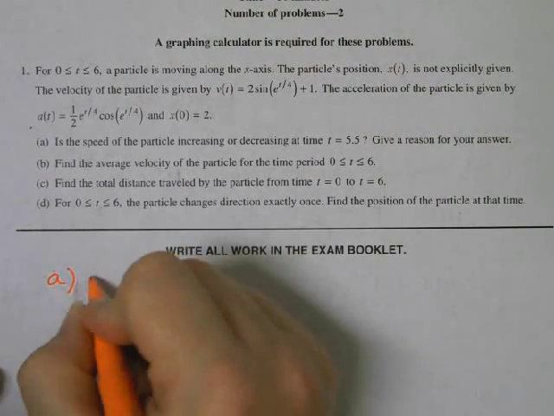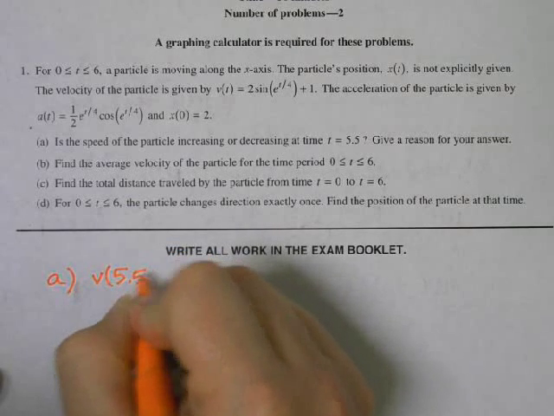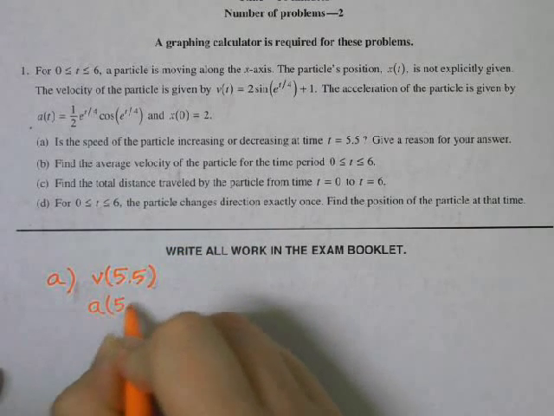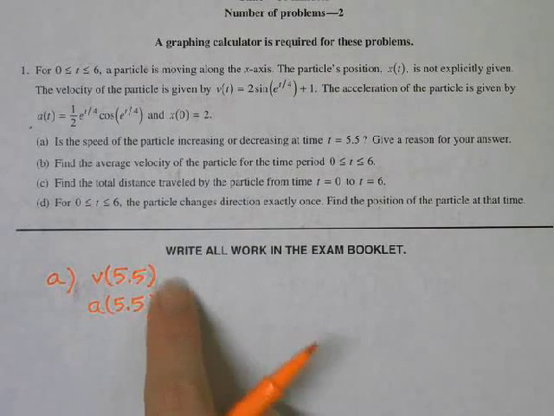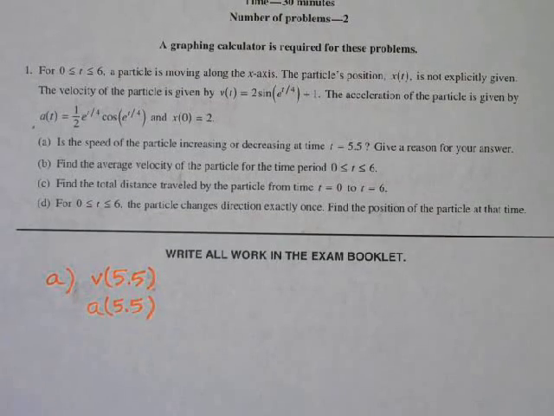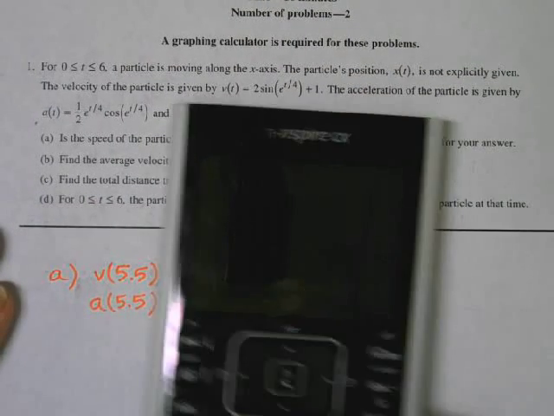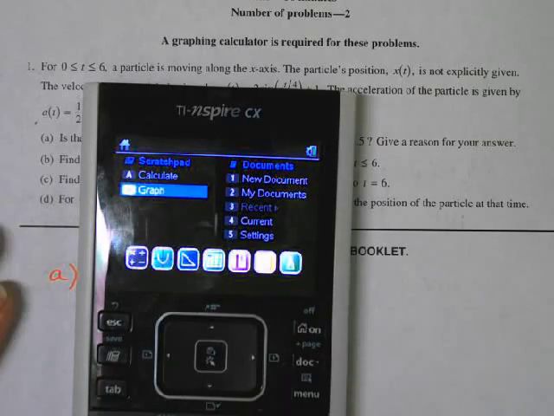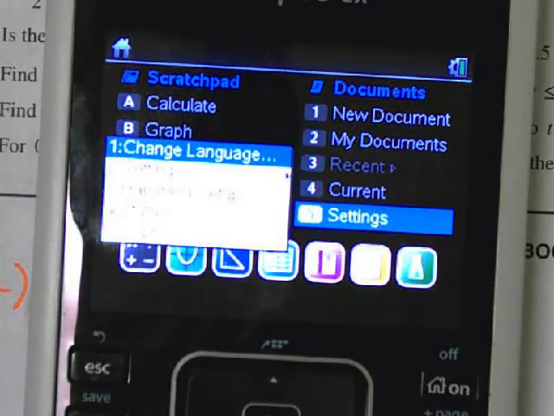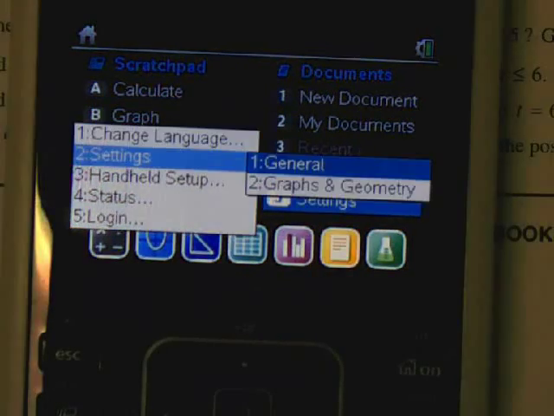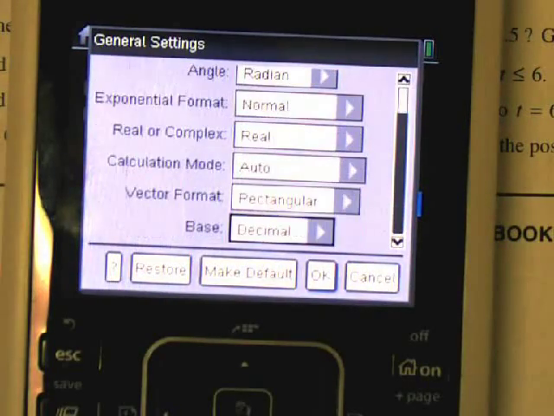The plus 1 goes outside. There you go. Don't use the letter E down at the bottom. Use the E button, the one that's right here next to the 10 to the x. Use that one.